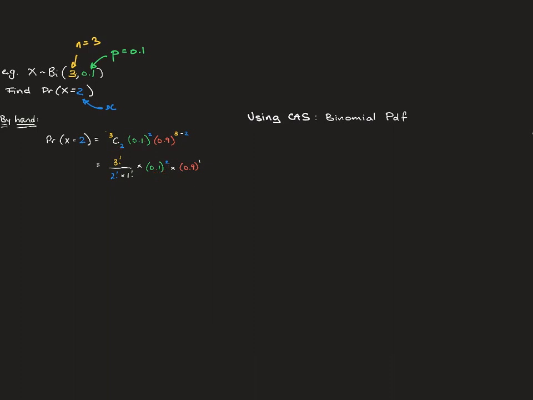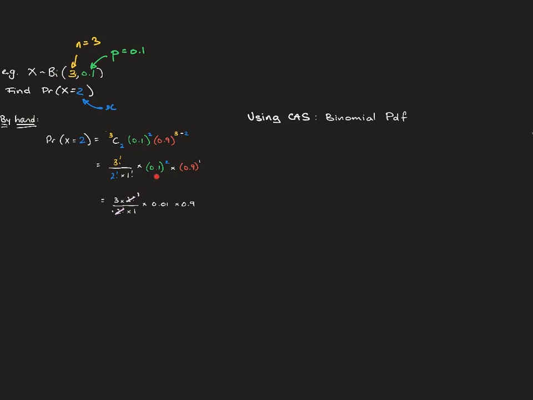So I'm actually using the formula here just to show you that you can still do it by the formula. So I'm going to write my 3 factorial out as 3 times 2 factorial divided by 2 factorial times 1, and then the 2 factorials will both cancel with a 1 and a 1.